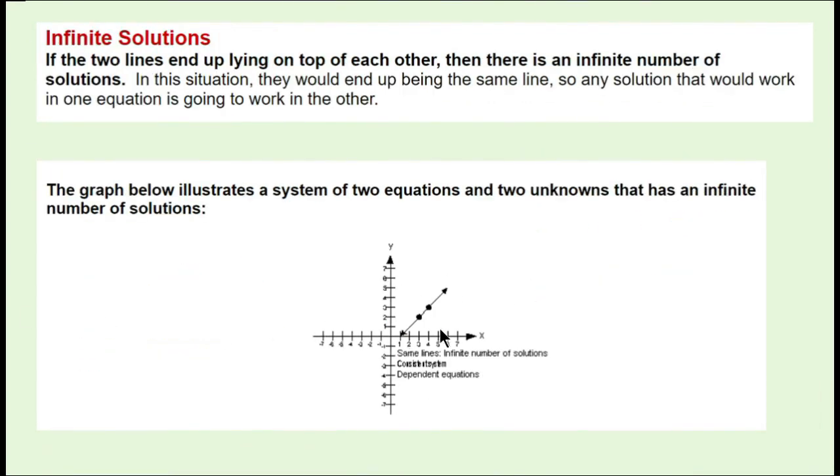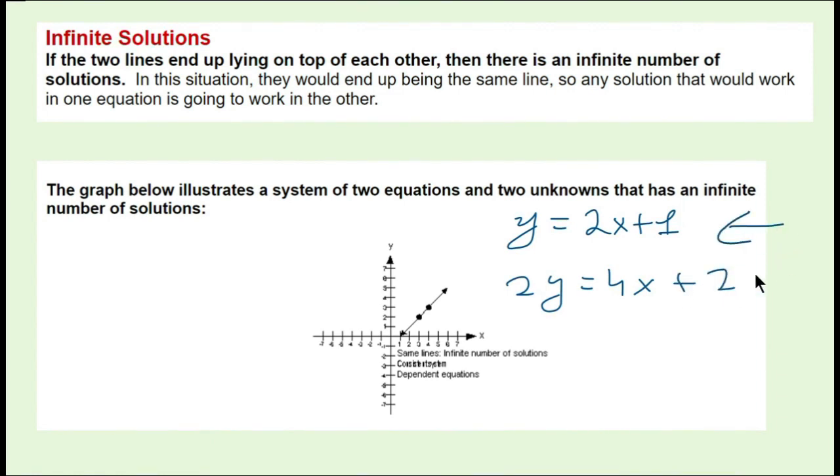And the third case scenario is when you have two absolutely same lines plotted on the same plot. That is, if you have y is equal to, for example, 2x plus 1, this is just an analogy, right? And 2y is equal to 4x plus 2. Although these two equations are written in a different form, here you have a multiple of 2, these two equations are absolutely the same.